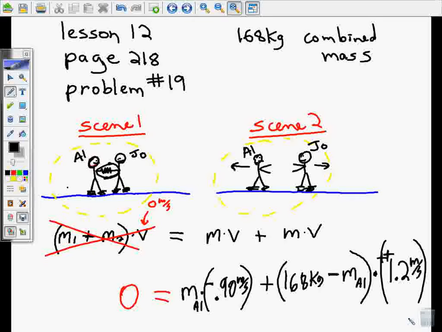So what you're going to have to do is distribute this 1.2 like that. Yes? And then add like terms, and then solve for Al's mass. You good to go from there?